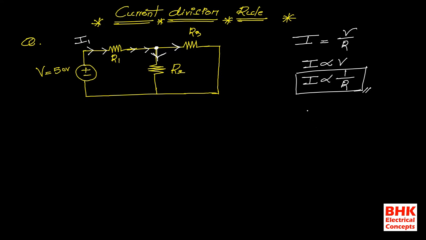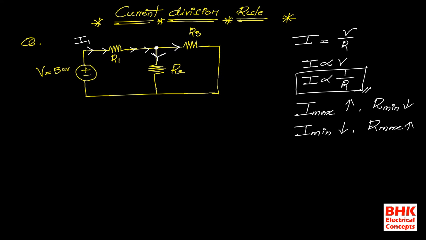For maximum current the resistance is minimum, and for minimum current the resistance is maximum. When the current is more, the resistance is less, and when the current is less, the resistance is more.